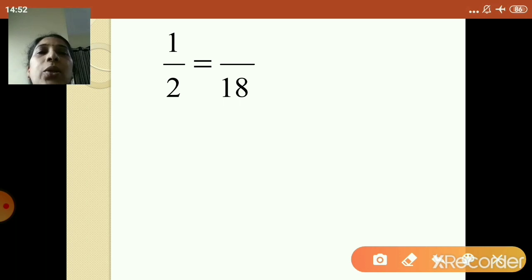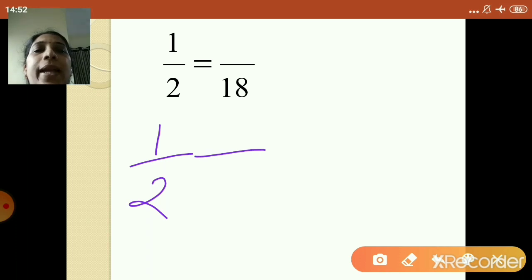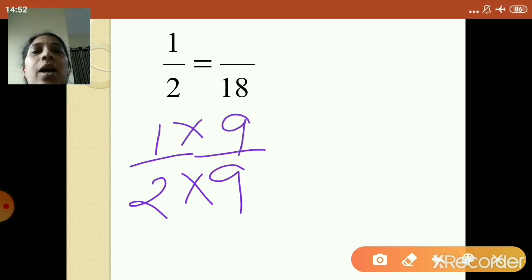So what answer do you get? 2 9s are 18, right? So what I will do, I will write 1 upon 2, right? So is equal to, so 2, how much is 18? 2 9s are 18. So again in the numerator also I will write it as 9 only.